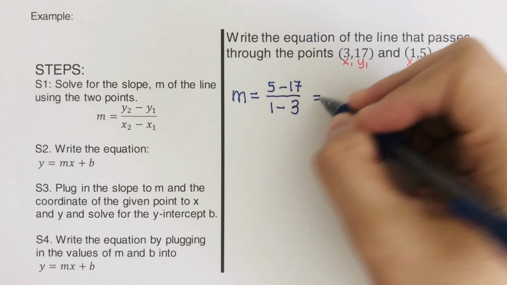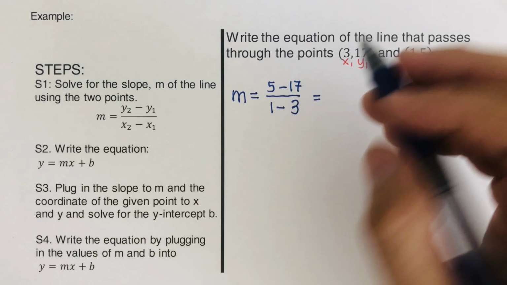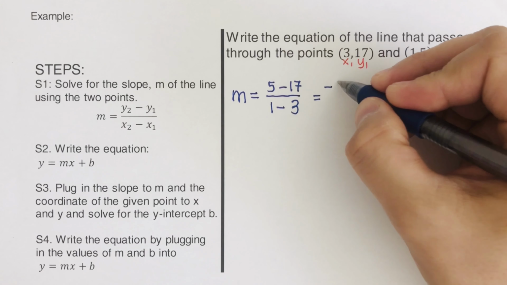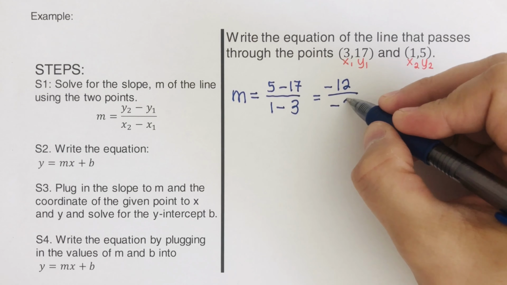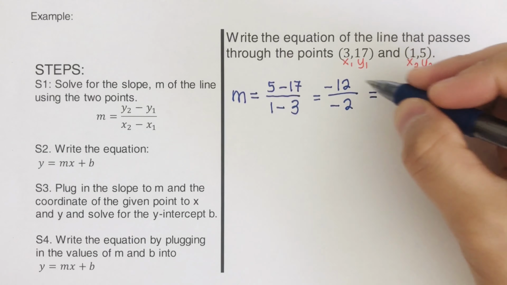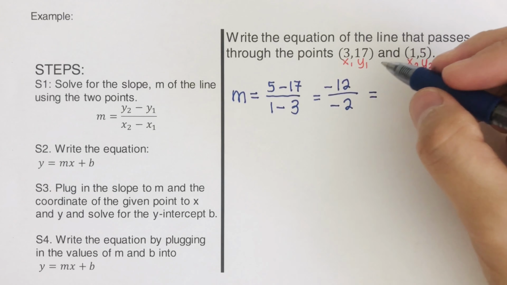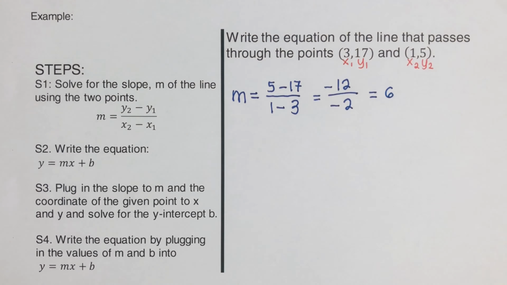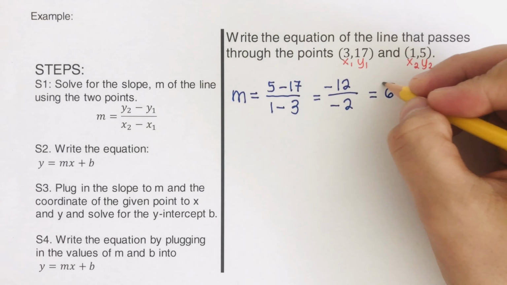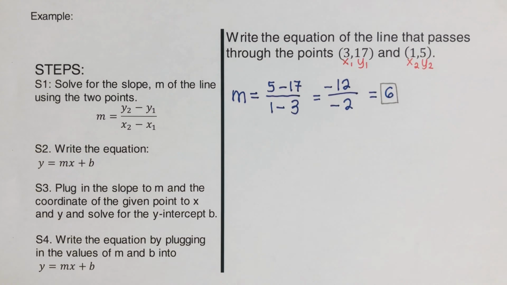So then we subtract: 5 minus 17 is negative 12, over 1 minus 3, which is negative 2. So then we can go ahead and divide this. Negative over a negative, or negative 12 divided by negative 2, is a positive 6. So this is our slope, which is represented as the letter m.